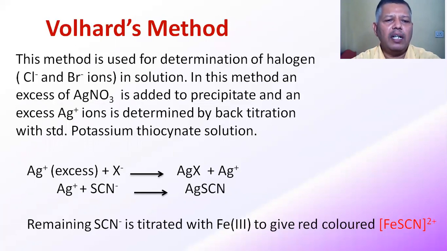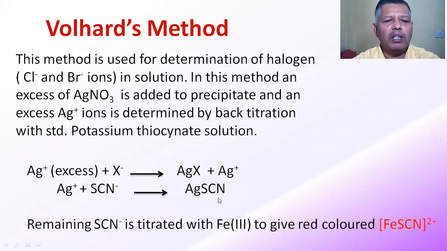This is a back titration, which means the maximum amount of silver nitrate is added, and the excess silver ion combines with whatever halogen anions are present in the solution, giving the formation of a precipitate. But the remaining silver ions are further treated with thiocyanate ion to give silver thiocyanate.